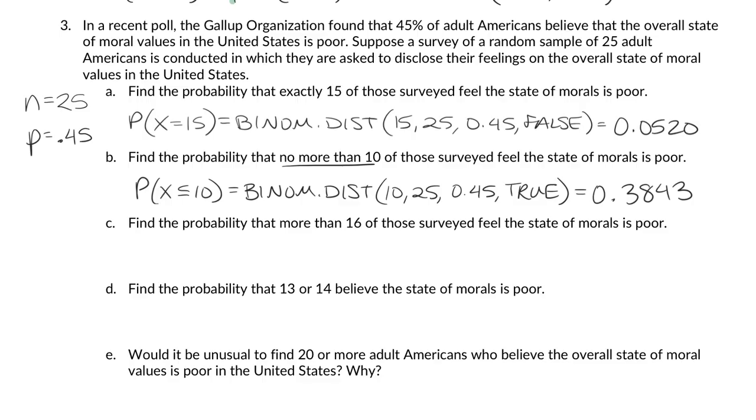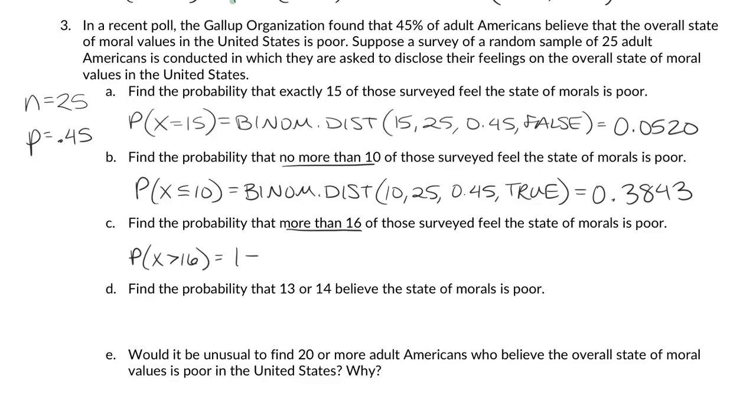Find the probability that more than 16 of those surveyed feel the state of morals is poor. More than 16. Mathematically, that is the sentence x greater than 16. But I can't do greater with my formula, so how do I have to find this probability? A 1 minus for sure, but what am I doing 1 minus of? 15, very good.